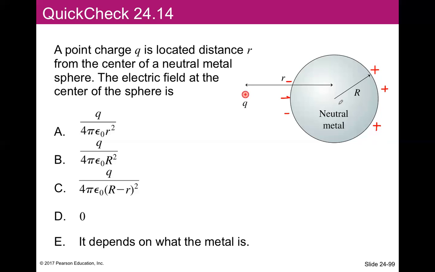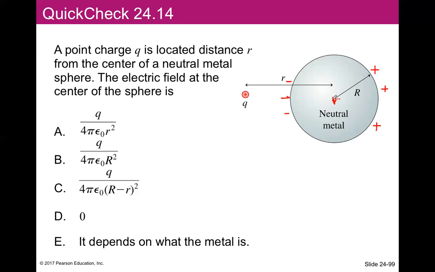The simplest thing we can do is, now we want to calculate the E here. So first of all, are there any charges here? No, it's in the conductor. As we learned, for conductors there shouldn't be any net charges inside.